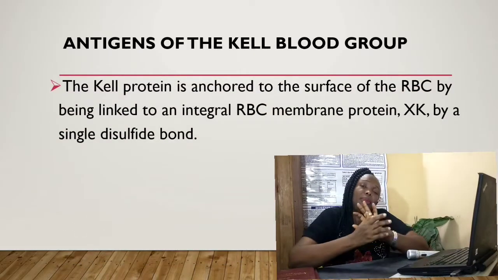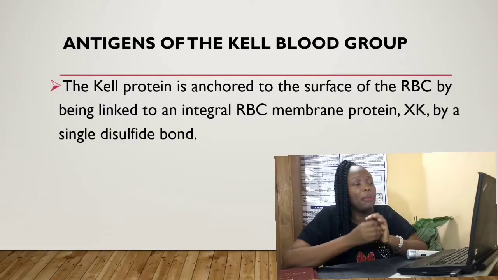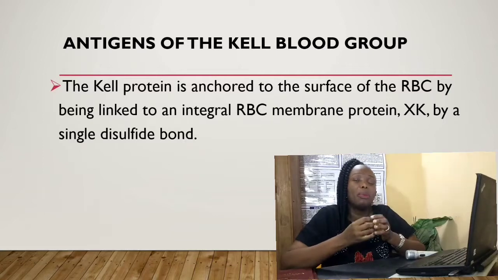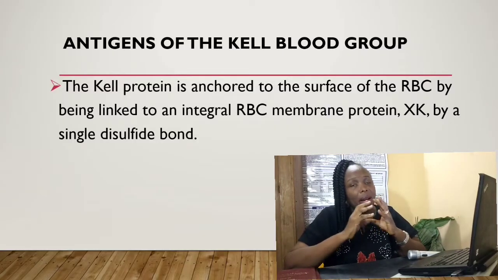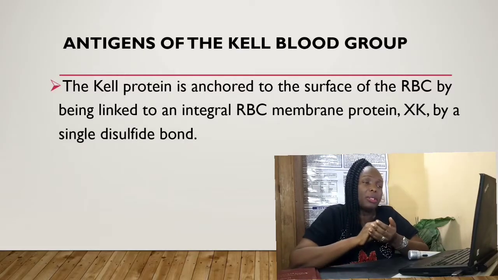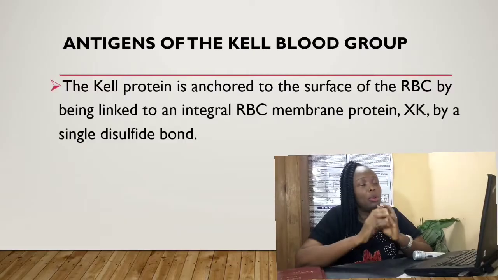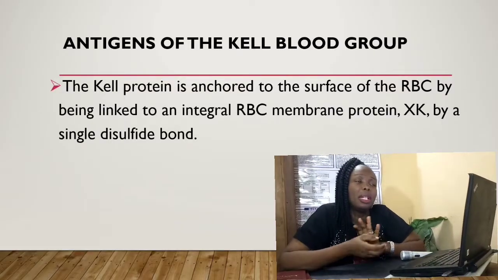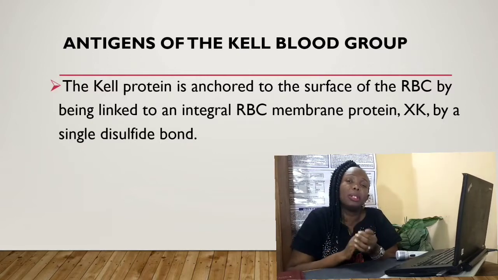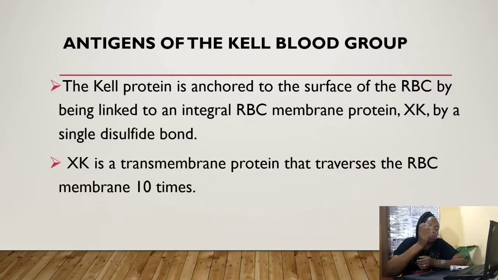The Kell protein, that is the Kell antigen, is anchored on the surface of the red blood cell by being linked through a disulfide bond to an integral red blood cell membrane protein called XK protein. This XK protein is a multi-pass transmembrane protein that traverses the red blood cell membrane 10 times.